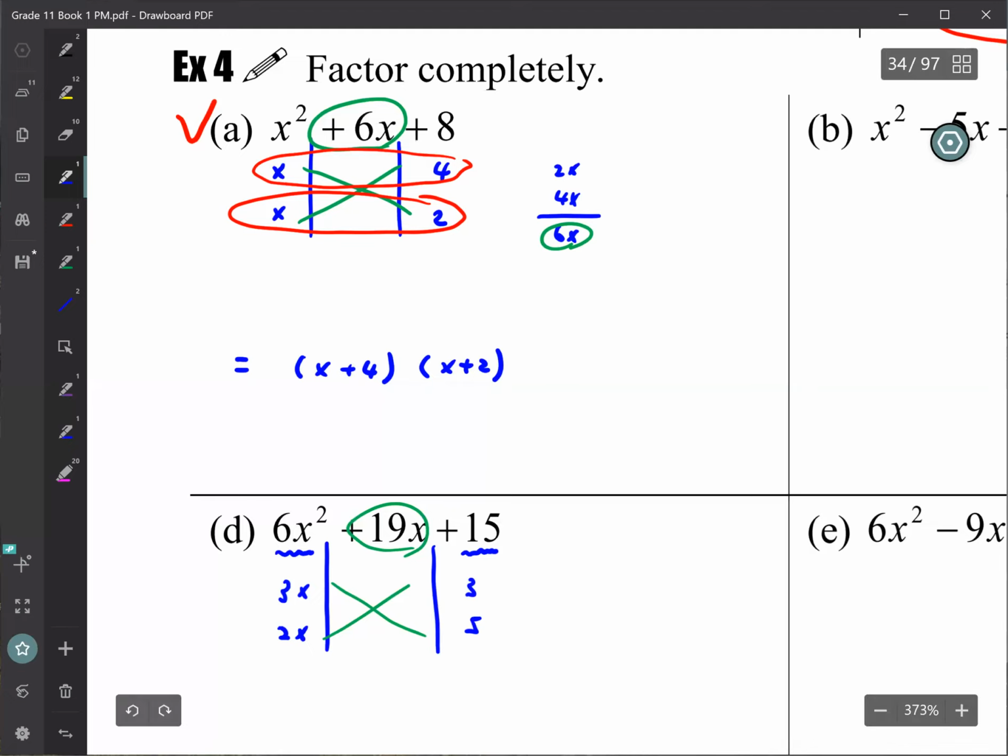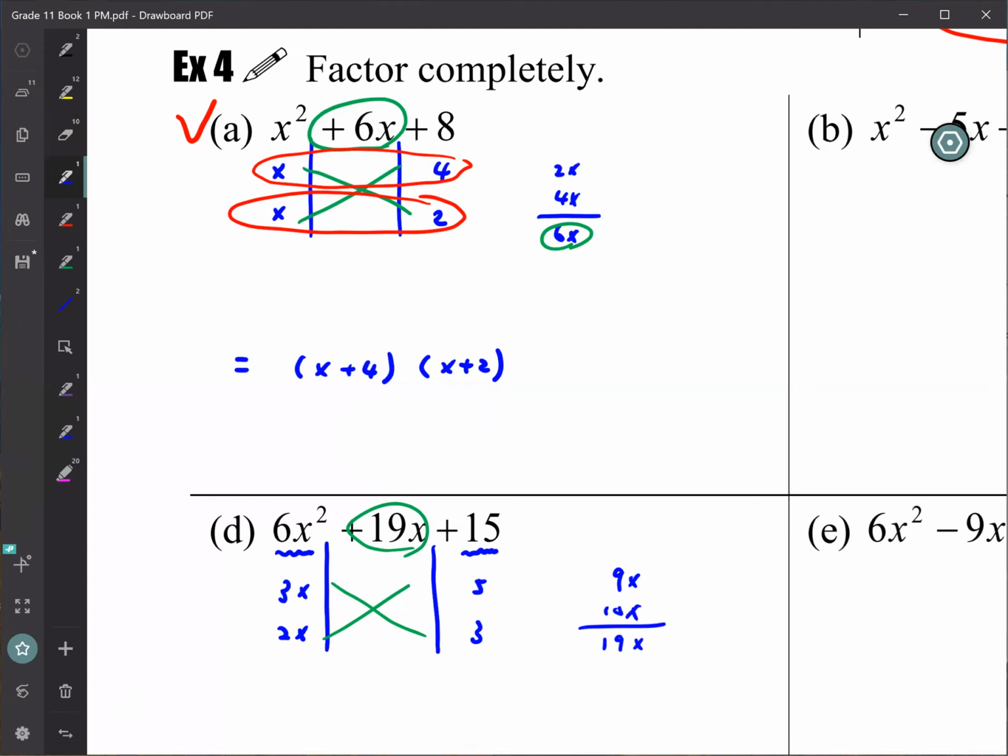Since you did it that way, it's 5 and 3. Oh, okay. So upside down, 5 and 3. So cross multiply 3x times 3, that's 9x. 2x times 5, that's 10x. Makes a 19x. Right? It didn't take that long, right? I think about a minute or two, you can find it.